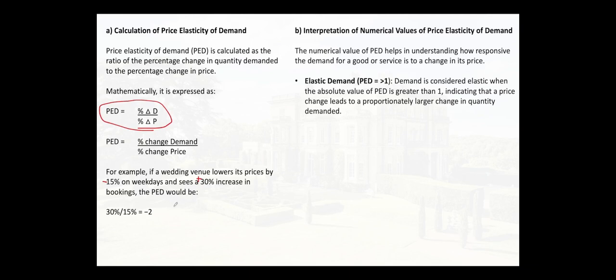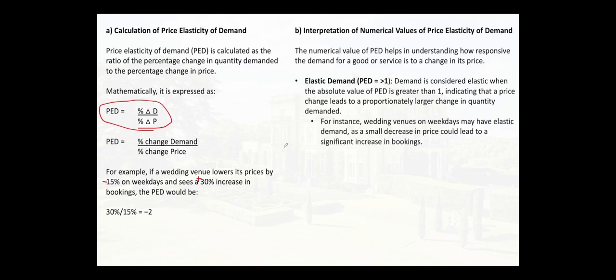So for every 1% change in price, with this PED coefficient, there would be a 2% change in demand. Easy peasy. 1% change in price, minus 2 over here, means 2% change in demand. Now remember, when you're doing your formulas here, demand always goes on top. Always demand on top.